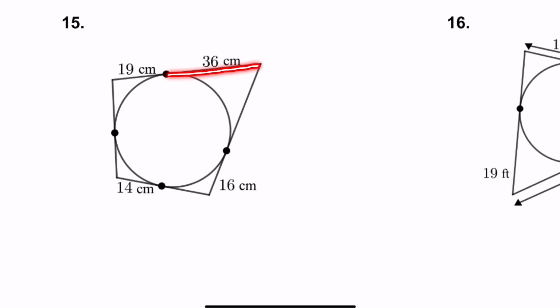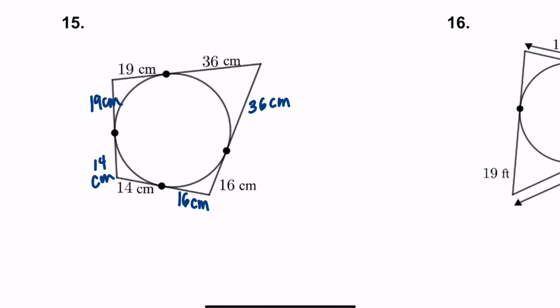If this is 36 centimeters, then this piece right here is also 36 centimeters. If we have 16 centimeters here, we have 16 centimeters here. If we have 14 centimeters here, we have 14 centimeters here. And last one, 19 centimeters, and we have another 19 centimeters.